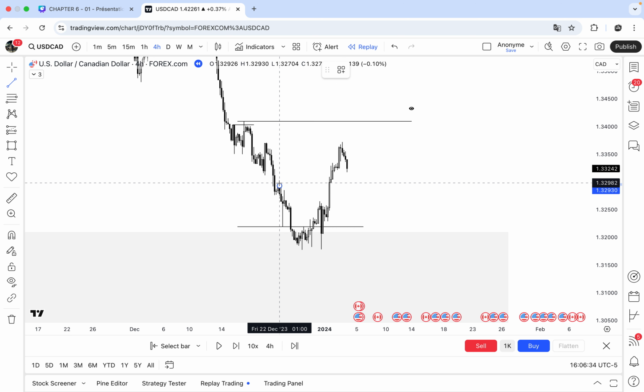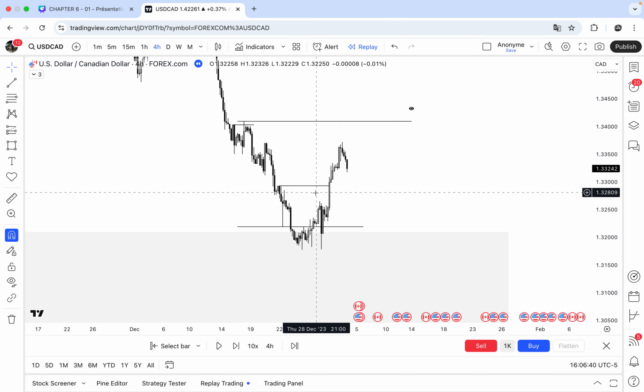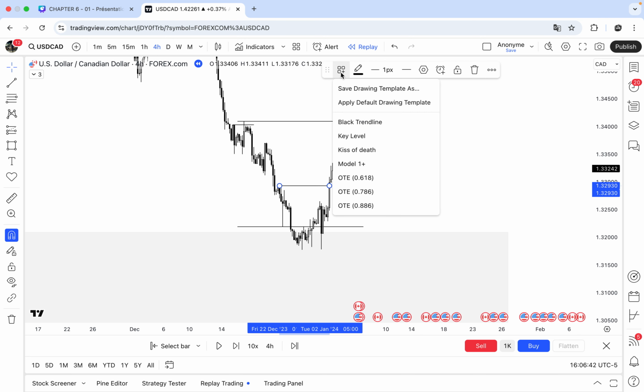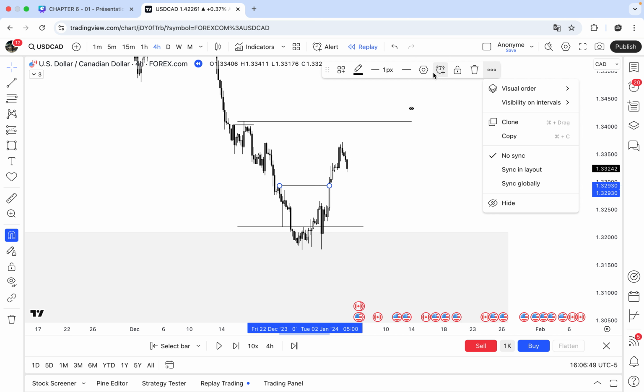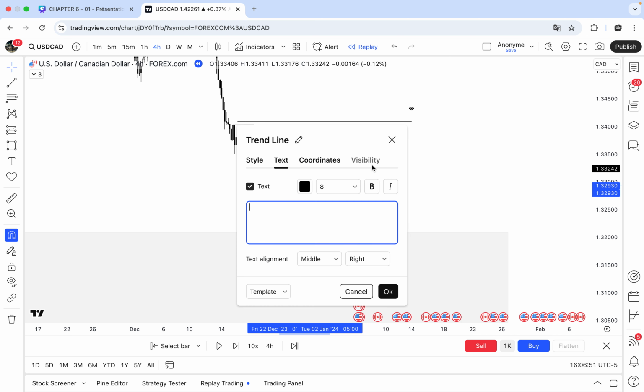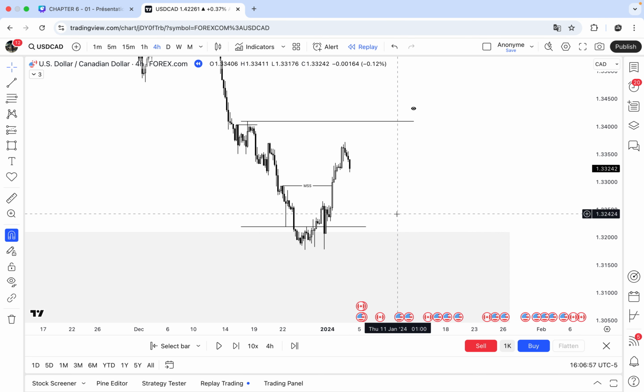And now, what is this? This is a market structure shift right there, right? Sorry. I will write it. Market structure shift. Why?